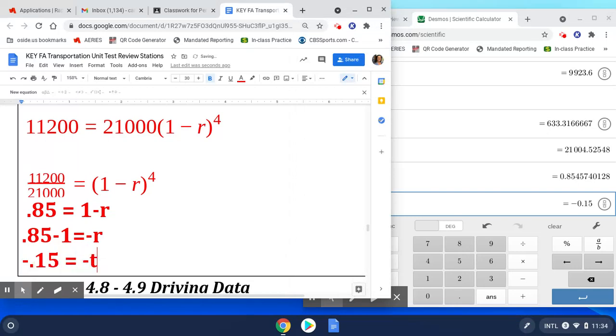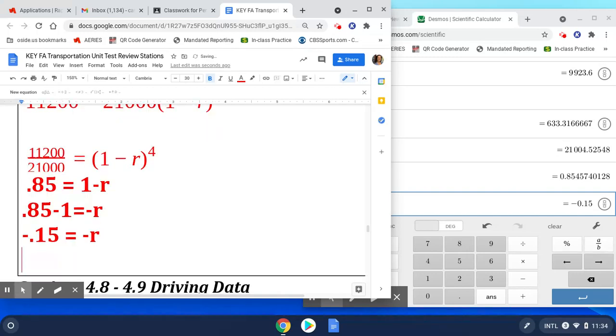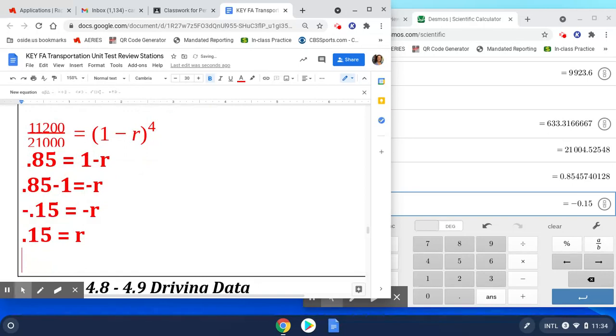So then we know that r is equal to positive 0.15. It's like you're dividing both sides by a negative 1. So we just got that the rate of depreciation is 15%.